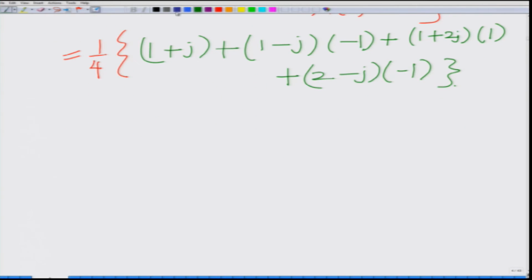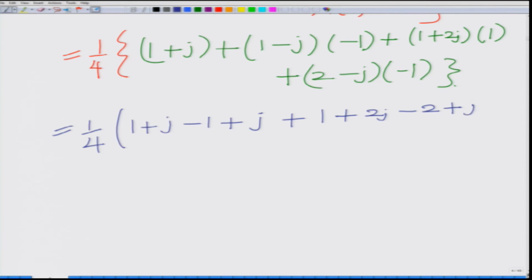This is therefore equal to 1 over 4 times 1 plus j minus 1 plus j plus 1 plus 2j minus 2 plus j, and this is basically, if I am correct again, I have 1 minus 1, that is 0. So, basically I have, well, 1 minus 2.